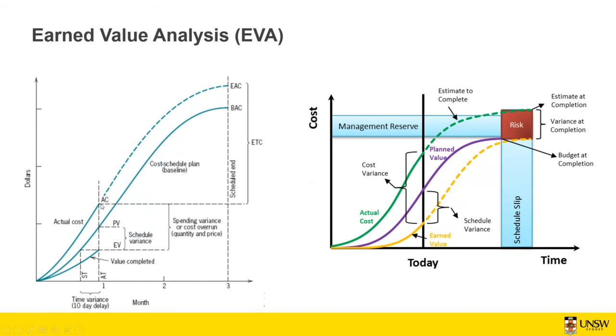But now you see that your actual cost is actually higher than your planned value. So the estimate at completion is going to be higher if the cost is going to run like this. So we cannot just deduct BAC minus actual cost to date.